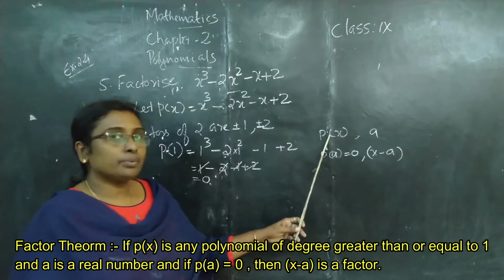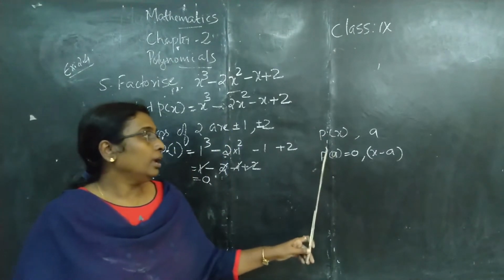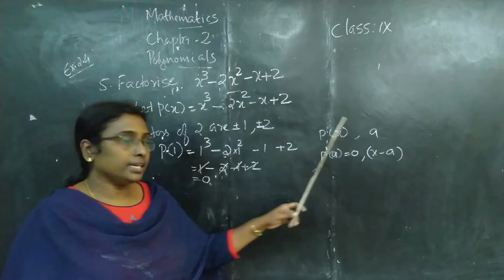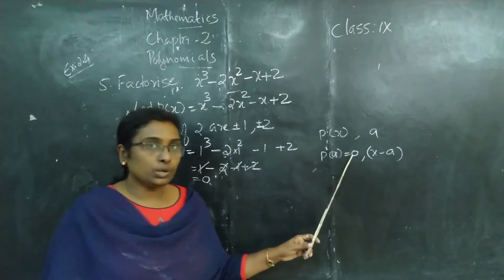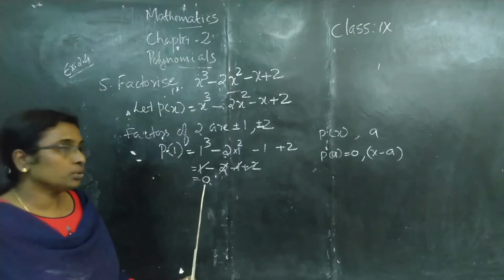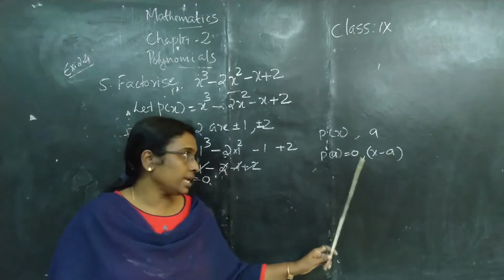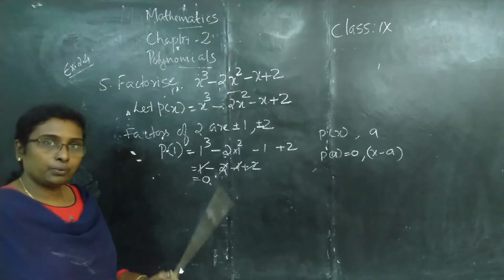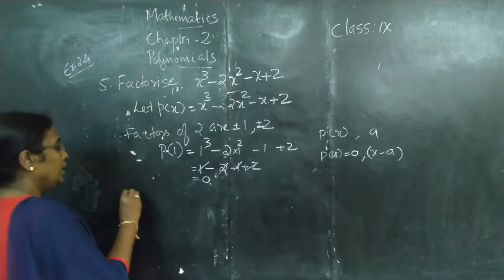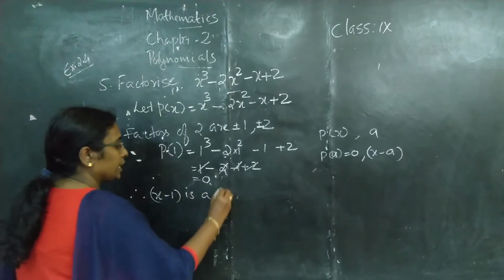We take a as 1, and p of a equals 0 gives p of 1 equal to 0. Then one factor is x minus a. Therefore, since p of 1 equals 0, one factor is x minus 1. Therefore, x minus 1 is a factor.